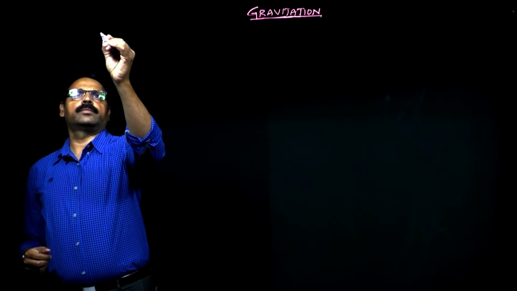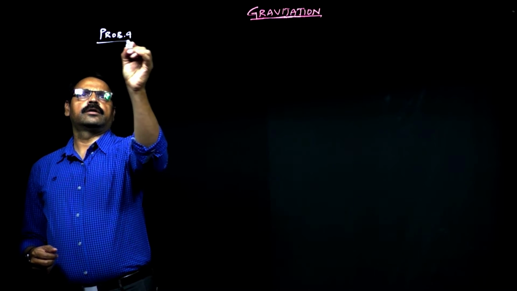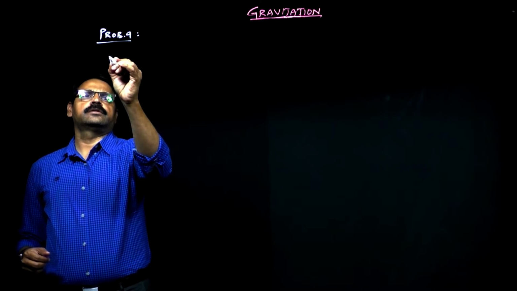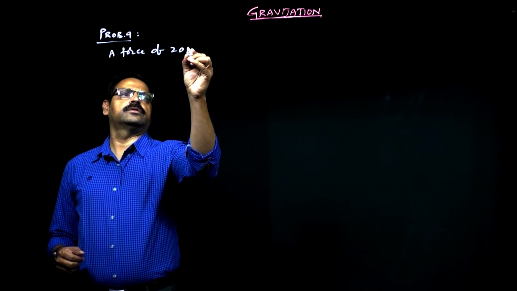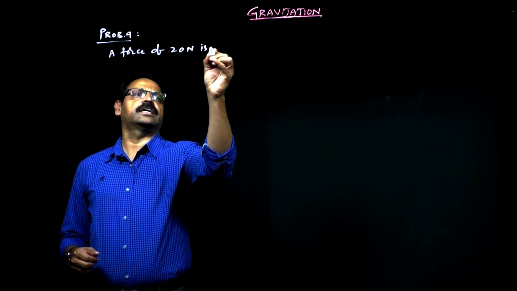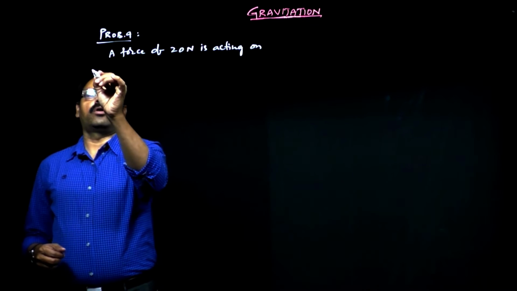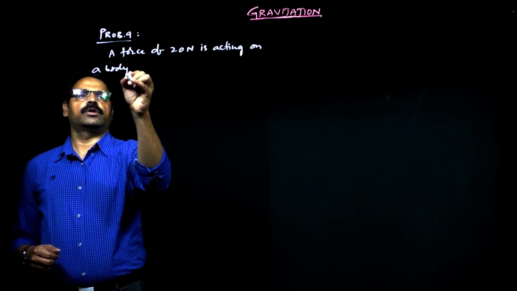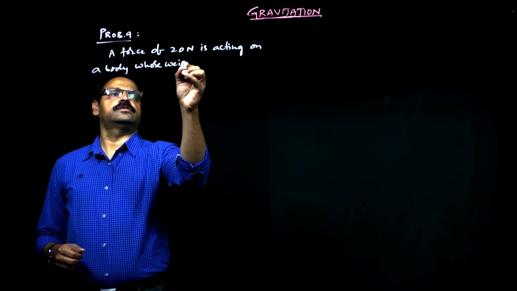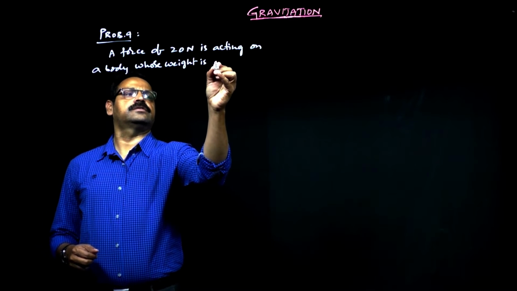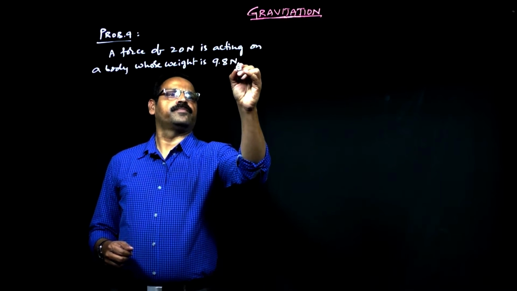Let us say the problem number, now we look at problem number 9. Here the data is given as a force of 20 Newton. 20 newtons is acting on a body whose weight is 9.8 newtons.